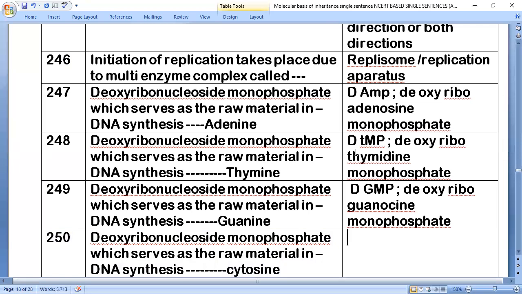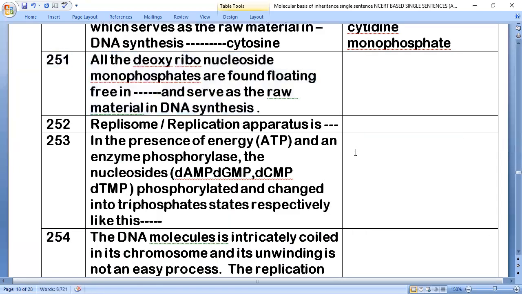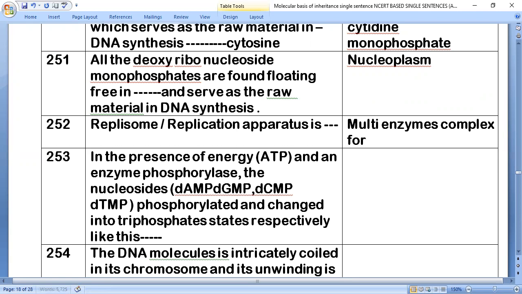For cytosine it is dCMP, deoxyribocytidine monophosphate. All the deoxyribonucleoside monophosphates are found floating free in the nucleoplasm and serve as the raw material for DNA synthesis.